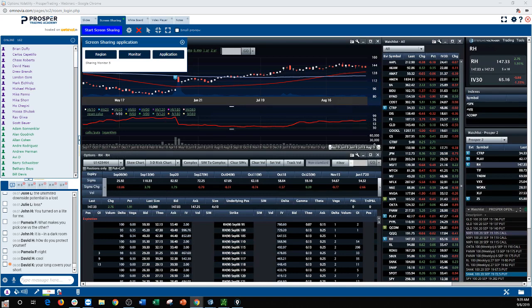We are at times, not very often, but at times we would be long a naked option because if we're long an option, our risk is predefined, right? The maximum we could ever lose on that is the amount that we've paid for that option.